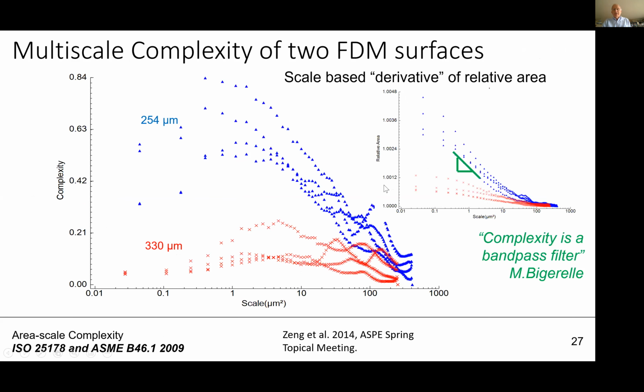Now the complexity is the local slope on the area scale filter. So this is similar to a fractal dimension, and this is more like a bandpass filter because the slope is not influenced by what's happening out here, unlike the relative area. So we see a different kind of result here, just telling us about the irregularity of the surface in that neighborhood of scale, essentially.